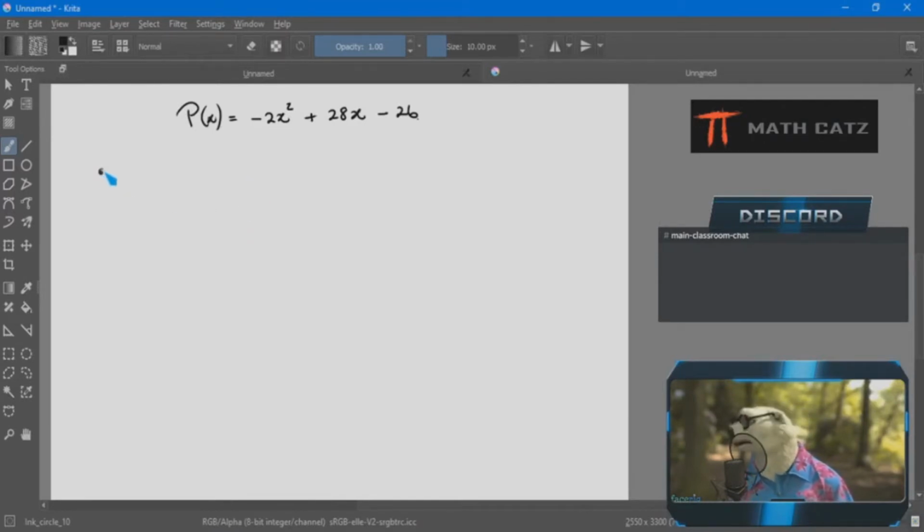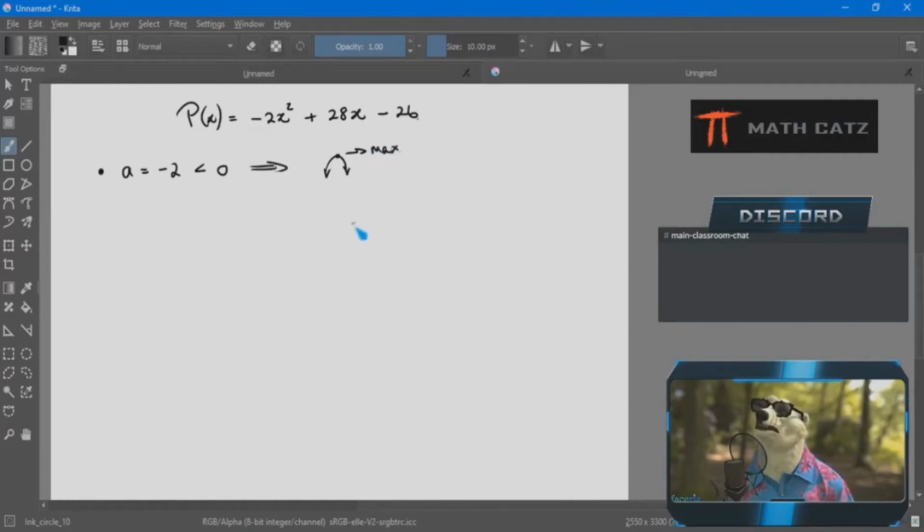I go through my list. I might not need all of it, like x-intercepts. But I do want to check the leading coefficient, which is -2, which is negative, which means graphically my parabola is pointing down, which means I'm going to have a maximum, which is good because that's exactly what they want me to find.